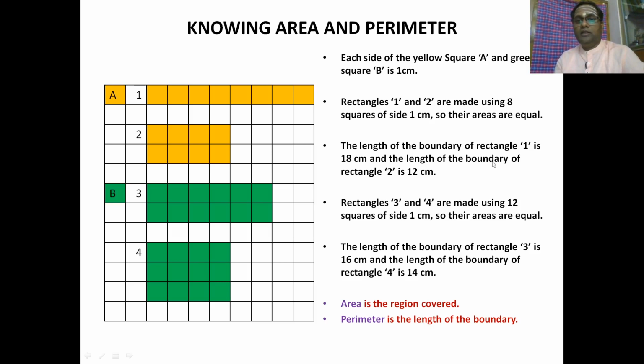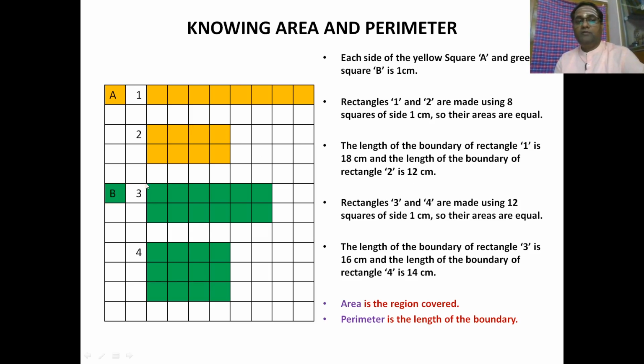So rectangle 2 has a boundary equal to 12 centimeters. Boundary is the outer periphery. We call the outer periphery or the boundary the perimeter. So the perimeter of rectangle 2 is 12 centimeters.